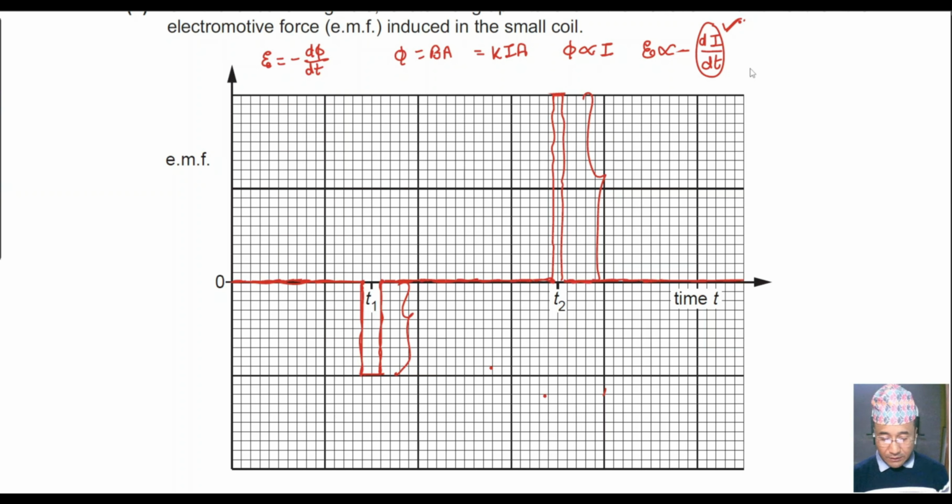So this is the graph for the EMF. So it is constant at 0, then constant at a certain negative value, then again constant at 0, then constant at some positive value but double of that negative, and then again constant at 0.